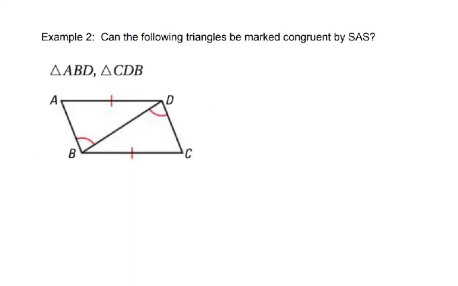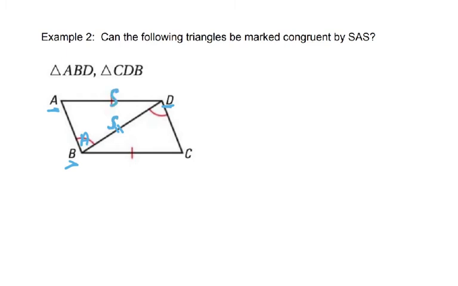The question we have now is, can these triangles be marked congruent by SAS? We're going to add in the side we know, right? We know this side's there. But if I'm following around one of these triangles, let's look at triangle ABD, the top one, I've got a side, and you can see what's happening here.